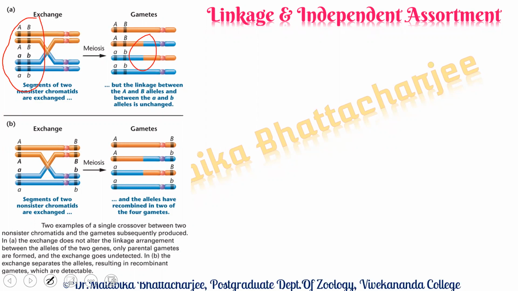Again, look at situation B. Here, the 2 genes in concern are situated quite some distance apart. As a result of which, whenever there is this crossover event, we are seeing the reflection of the crossing over by the expression of the A and B on the gametes. So here in this case, since A and B are situated at a distance apart and a crossing over has occurred, it's obvious that this crossing over has affected the A and B genes, and this crossing over can be detected.